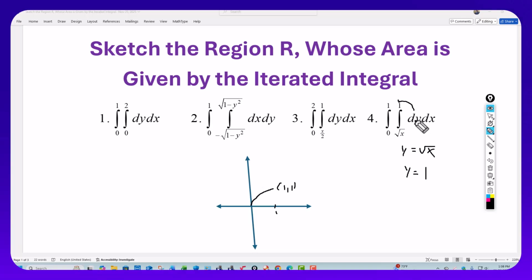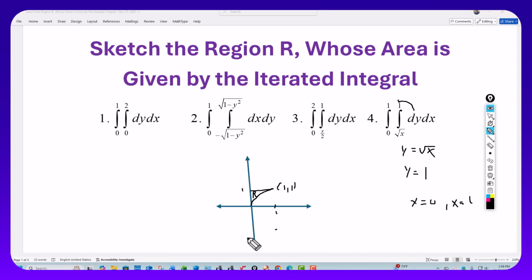Again, the y value goes from the square root of x, which is this curve, to y equal 1, so it'll be that line right there. The x has these limits, so x is going to go from x equals 0 to x equals 1. So x equals 0 is the y-axis, and x equals 1 is over here. So the region of intersection is right here. This area right here is your region R.